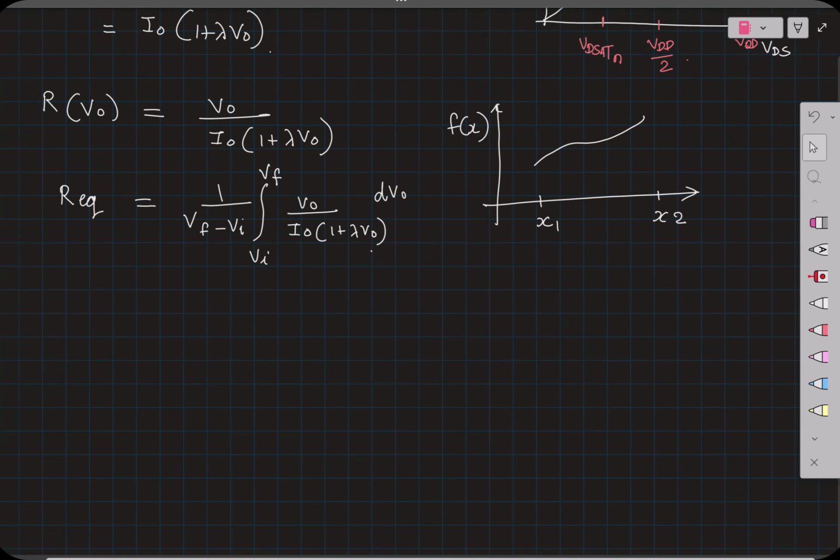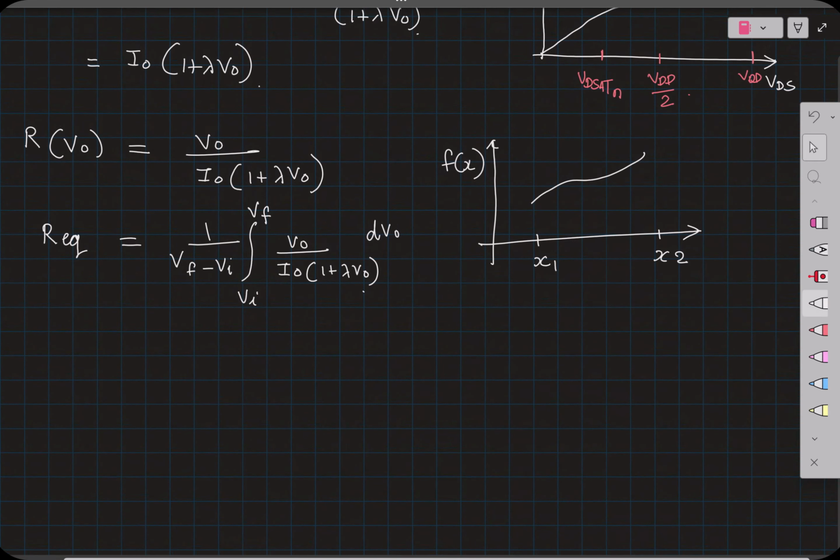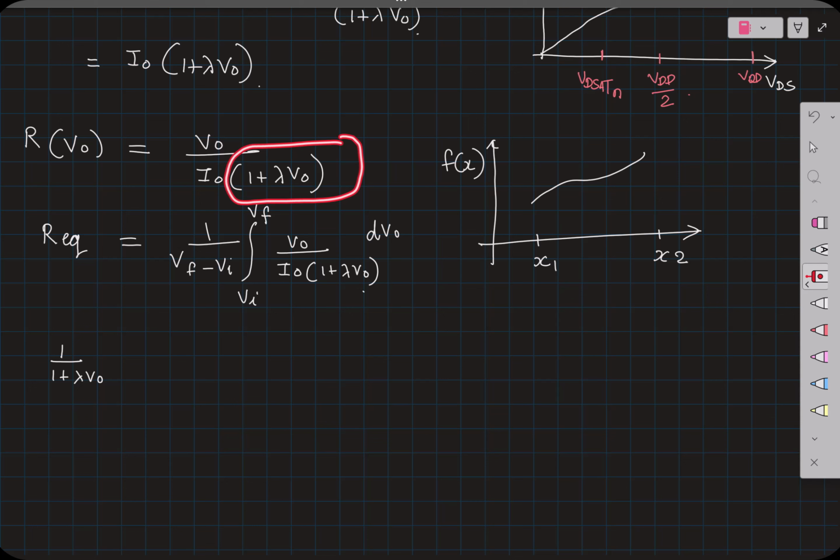So this is the calculation that I want you to do right now, and so you have this expression 1 by 1 plus lambda V naught here. Right? I don't want to keep lambda equal to 0, but if lambda is very small, how can I rewrite this? This becomes 1 minus lambda V naught. Okay. Now with this information, can you quickly calculate the R equivalent and tell me the answer? Please do the calculation.